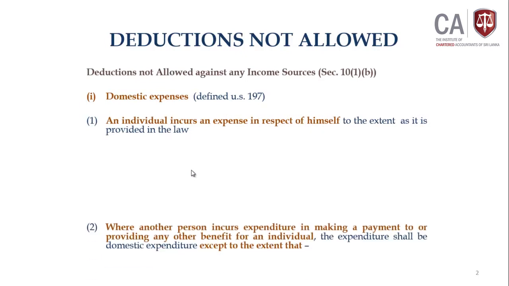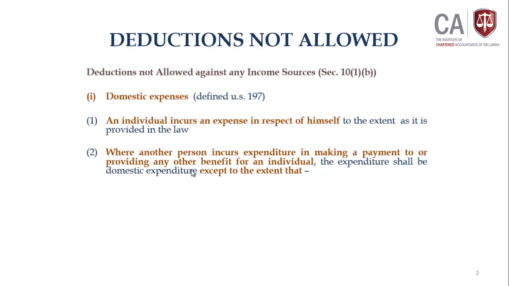If we summarize the definition of domestic expenses given under section 197, there are basically three categories. The first one is not so important because it says the individual incurs an expense in respect of himself, to the extent provided in the law.